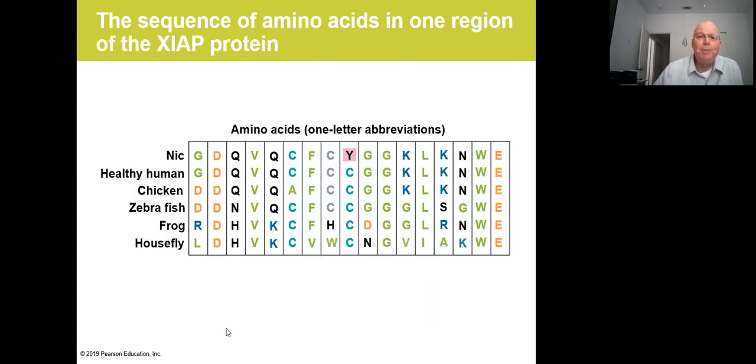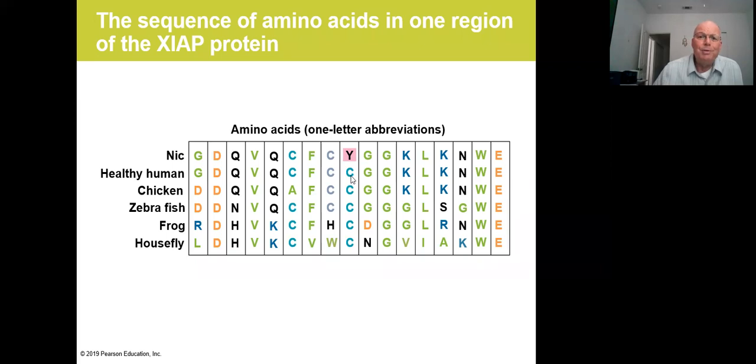And so they compared the genetic sequence of a very highly conserved part of the immune system genetics, and discovered that indeed Nick had a mutation in a particular amino acid, and you can see it highlighted here, that did not exist anywhere else.